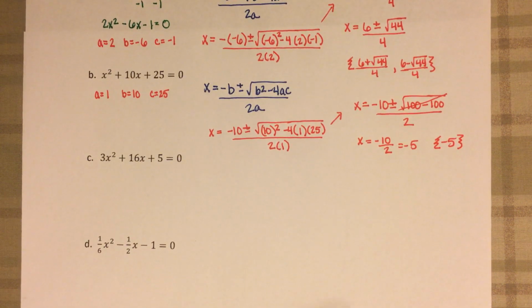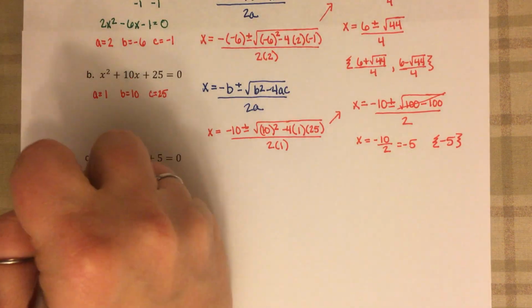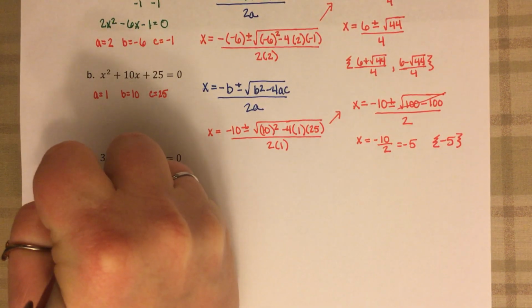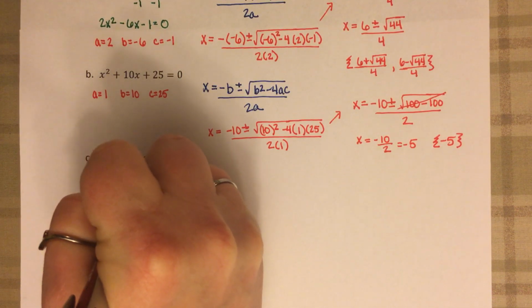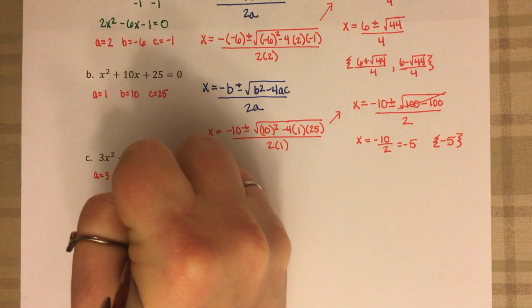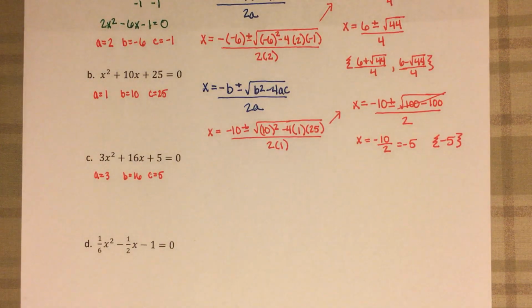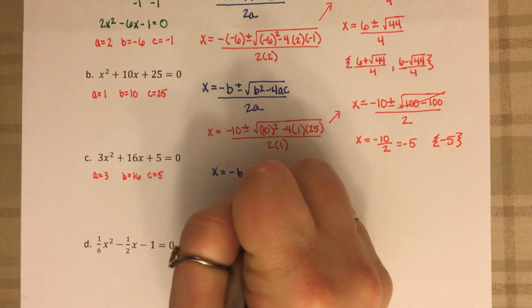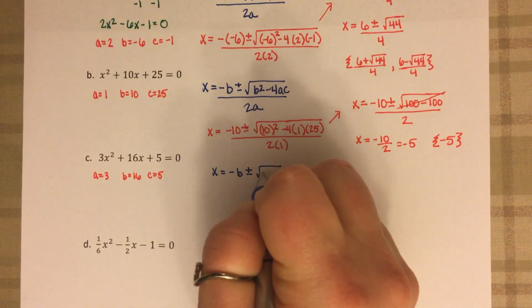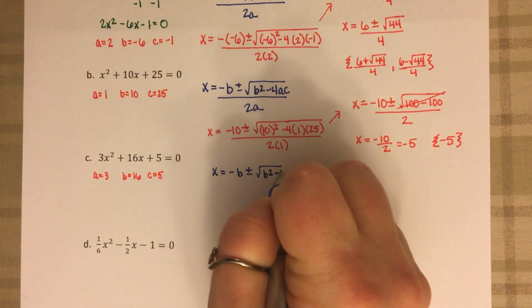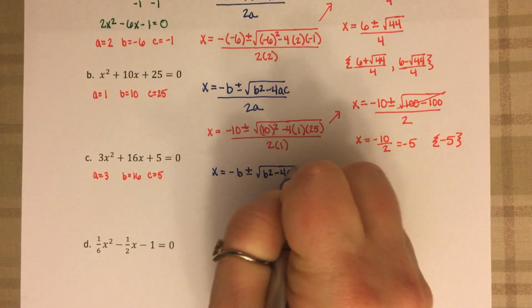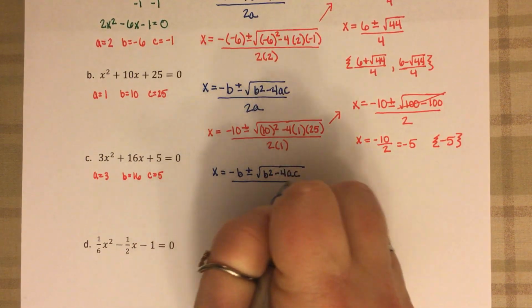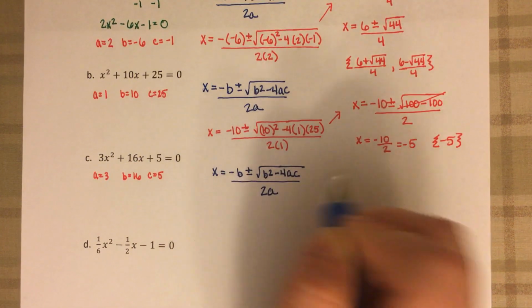Okay. So we'll keep going. C, we are also in standard form. So A equals 3, B equals 16, C equals 5. We're going to use our quadratic formula. X equals negative b plus or minus the square root of b squared minus 4ac all over 2a.